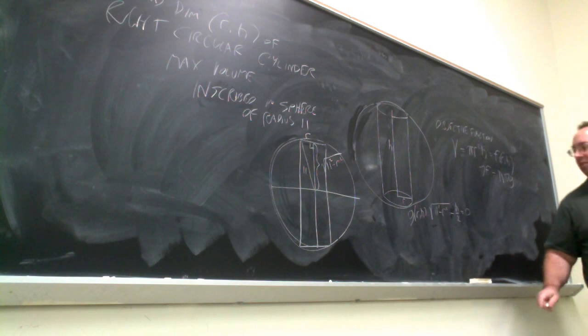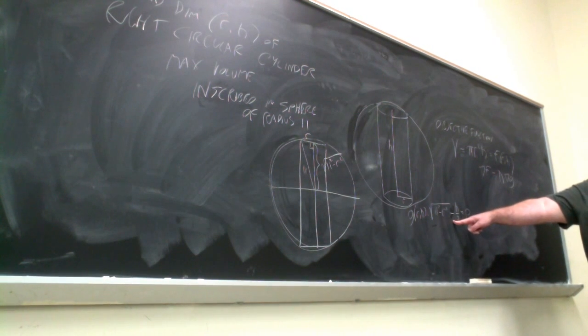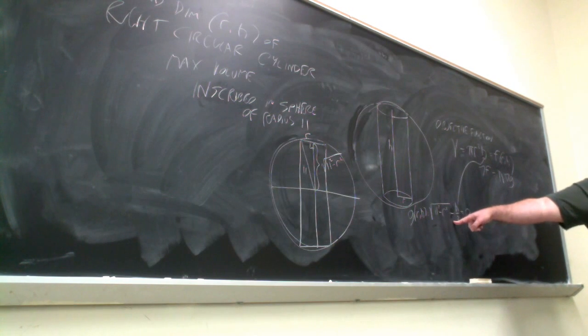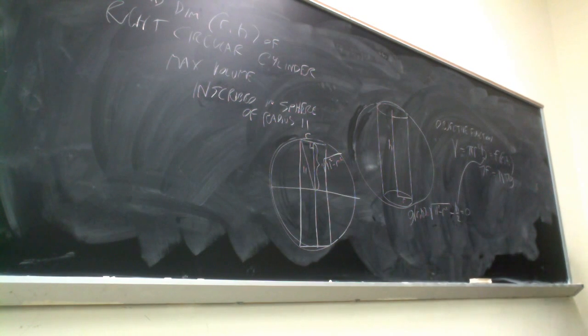I could solve this equation for h and eliminate h. So now I have a volume described not as a function of r and h, but only a function of r, and the constraint is already taken into account. So then it's a one-dimensional maximization problem.